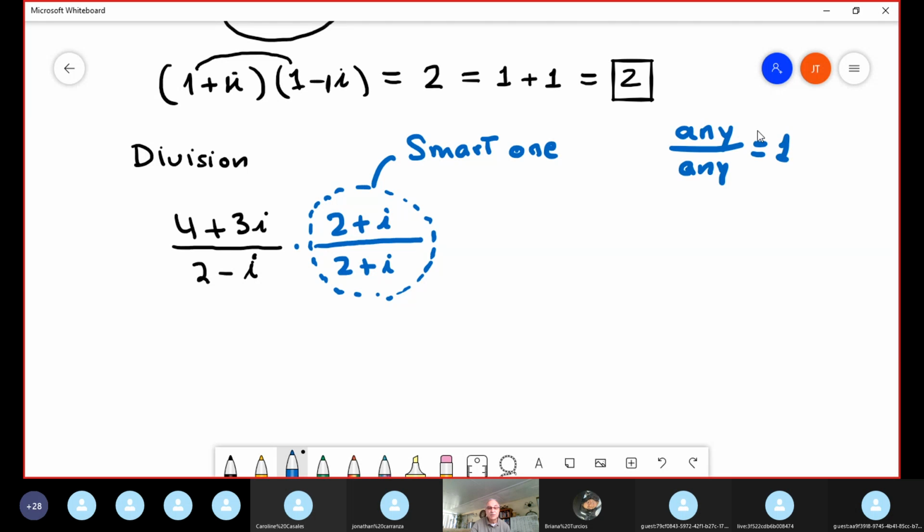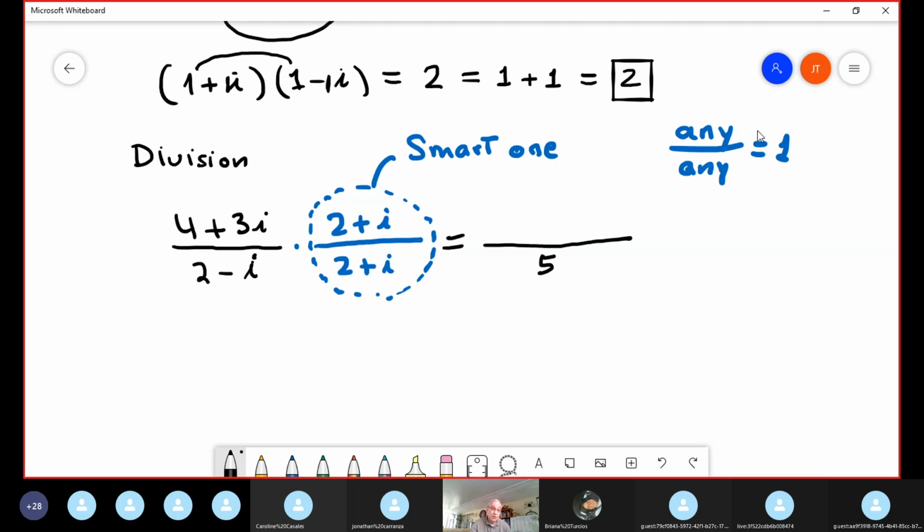So I create this, I realize it doesn't affect my original problem because it's 1. But you multiply top and bottom. Let's do the bottom part, it's easier because we created the shortcut. The answer is 5. I did before: 2 times 2 is 4, and 1 times 1 is 1, that's 5.